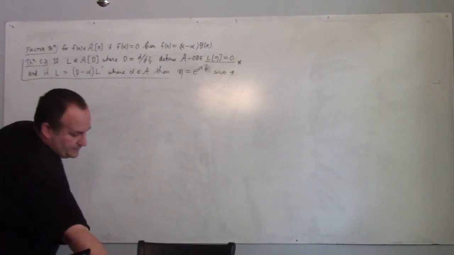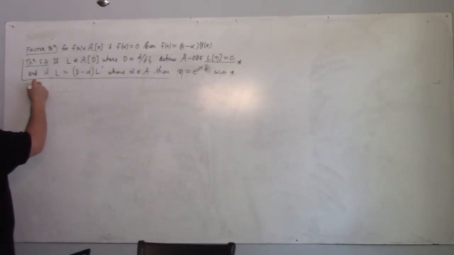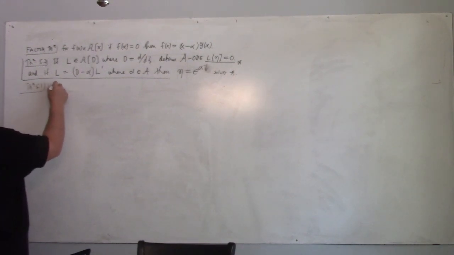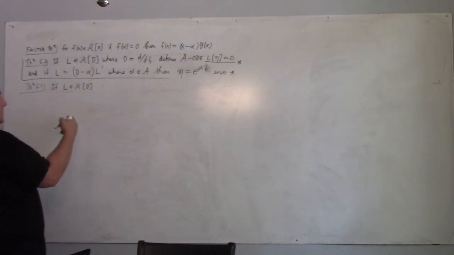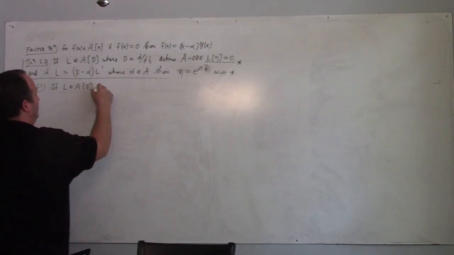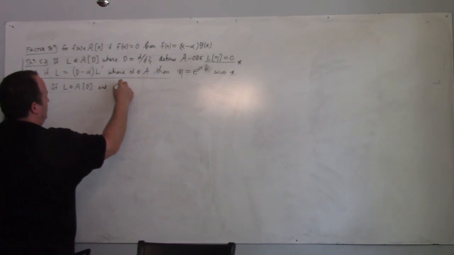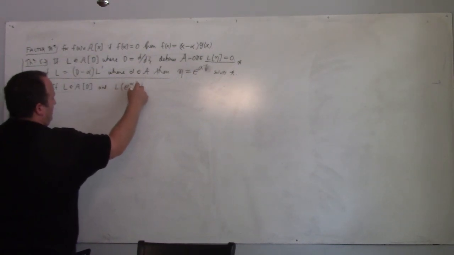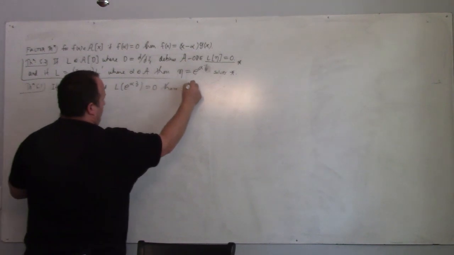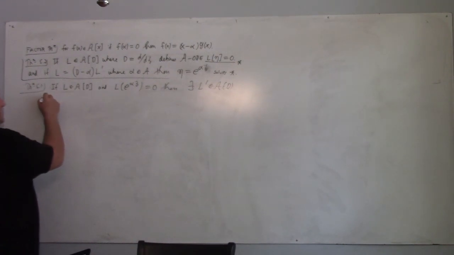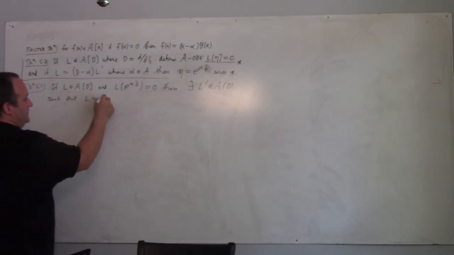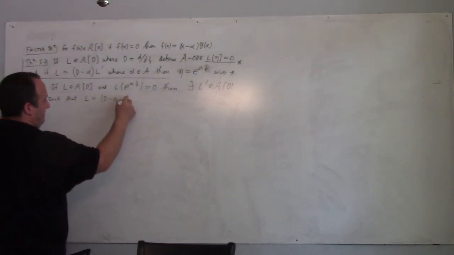So backtracking here, theorem 5.1 said that if we had L as above, so L is a polynomial in the differentiation operator, and L of e to the alpha zeta equals 0, then there exists L prime in the polynomial differentiation operator such that L is equal to d minus alpha times L prime.